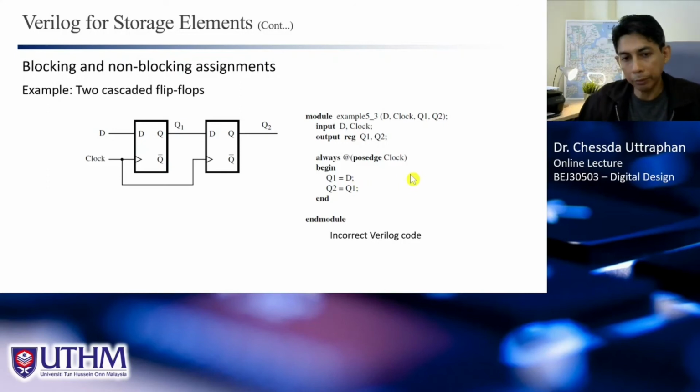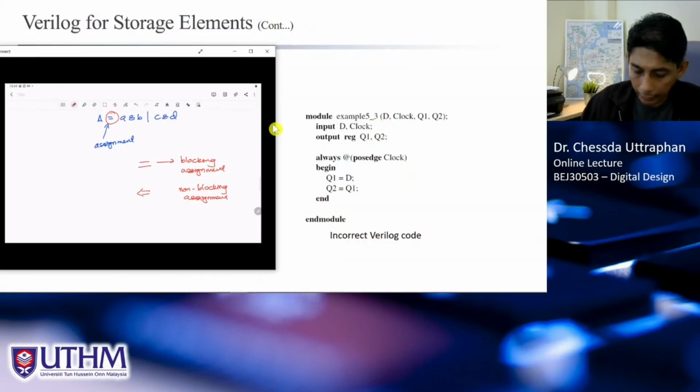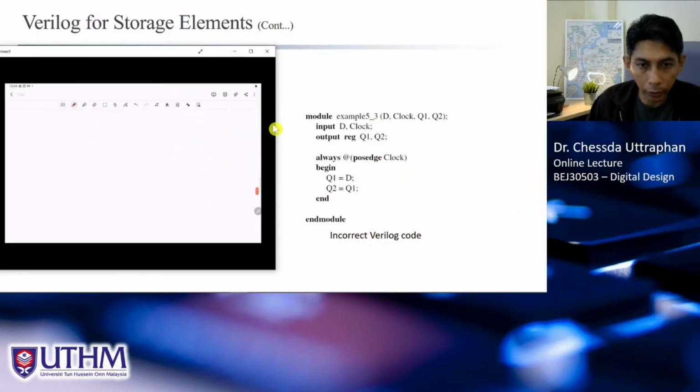So when we write something like this, the Verilog compiler will make an assumption, or conclusion, that because Q1 equal to D, Q2 equal to Q1, therefore Q2 should be equal to D, right?